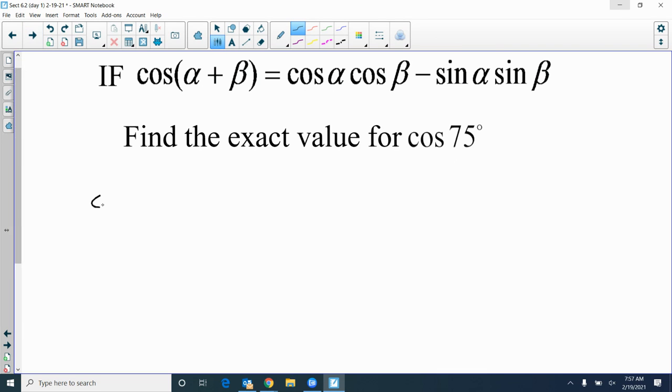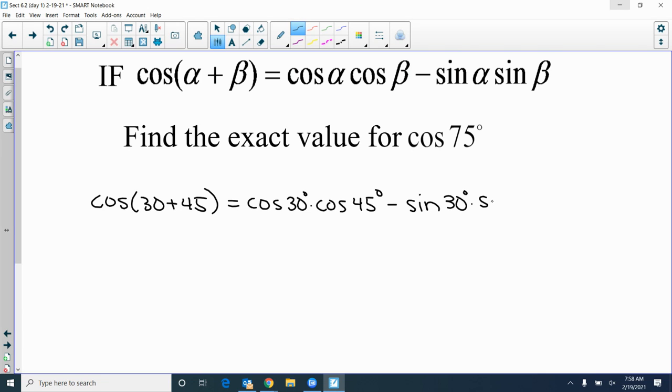So cosine of 30 plus 45 is going to equal the cosine of the first times the cosine of the second minus the sine of the first times the sine of the second.